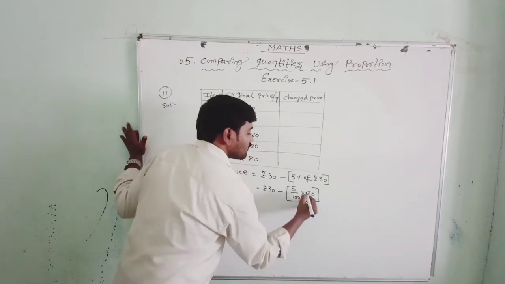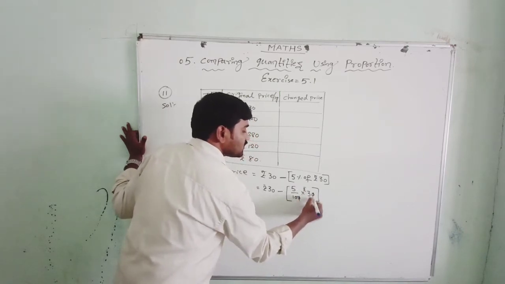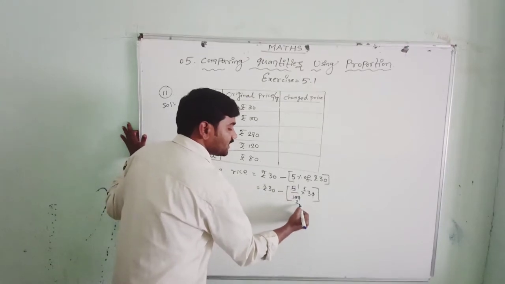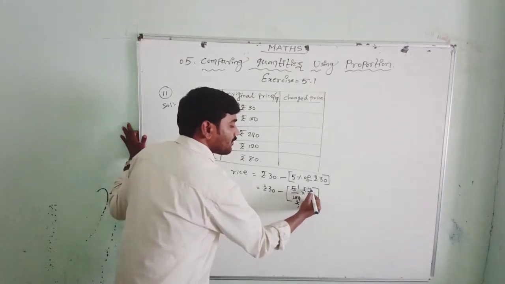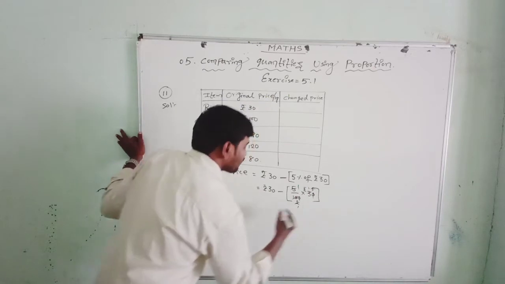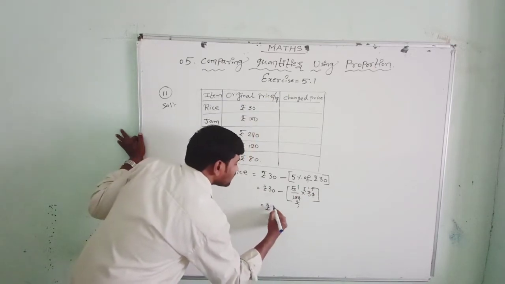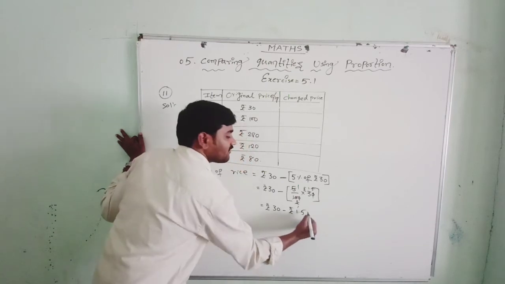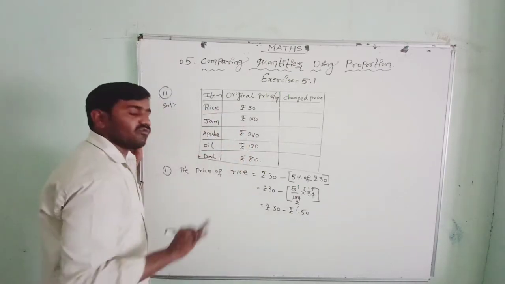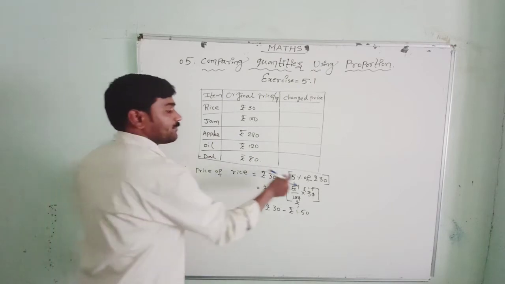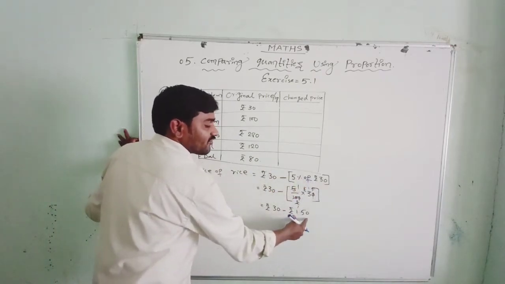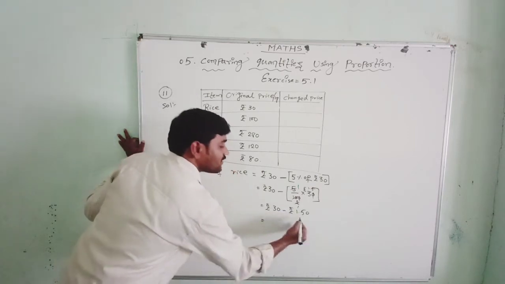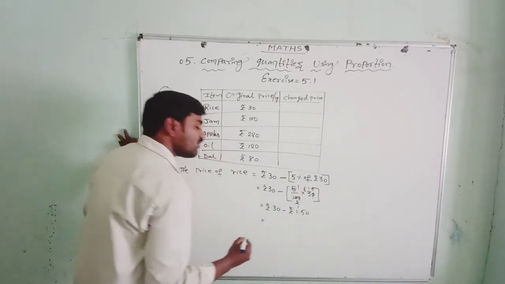The 10s get cancelled. 5 ones are 5, 5 twos are 10, 2 ones are 2, so 1.5 rupees. 5% of 30 rupees is 1.5 rupees. Then subtract: 30 minus 1.5 is 28.5 rupees.